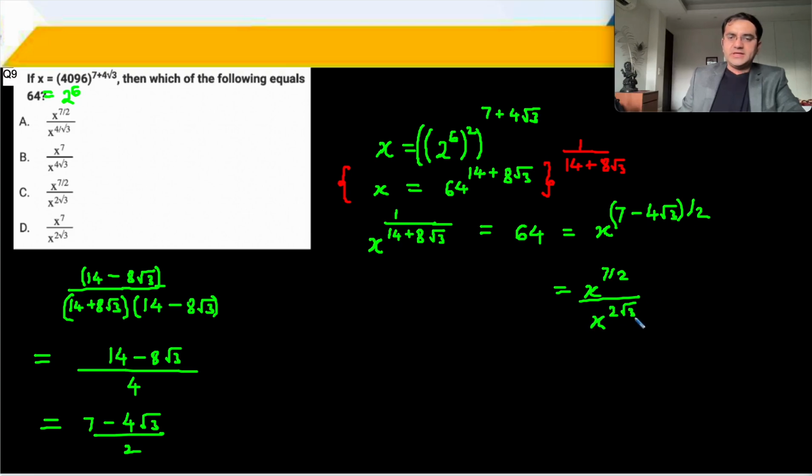We are writing in this form because of the nature of the options. 7 by 2 and 2 root 3. C part is the right answer. So बस इसको rationalize करना था. Your new power is now 7 minus 4 root 3 upon 2. इसको break कर दो. X power 7 by 2 upon x power 2 root 3. C part is the right answer for question 9.